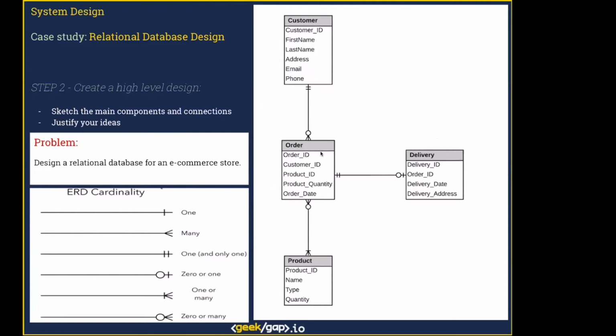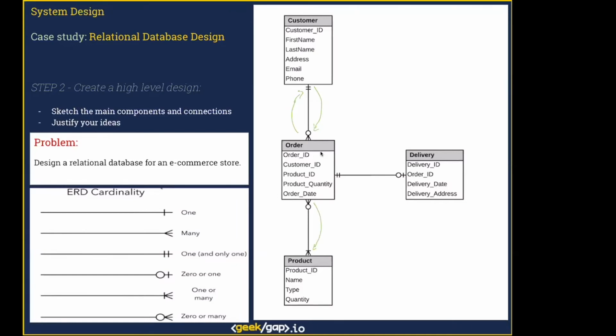So again, we look at what we just discussed. A customer can place 0 or many orders, and an order is placed by one and only one customer. Same thing for the order and the product. Not same thing really. An order can have one or many products.